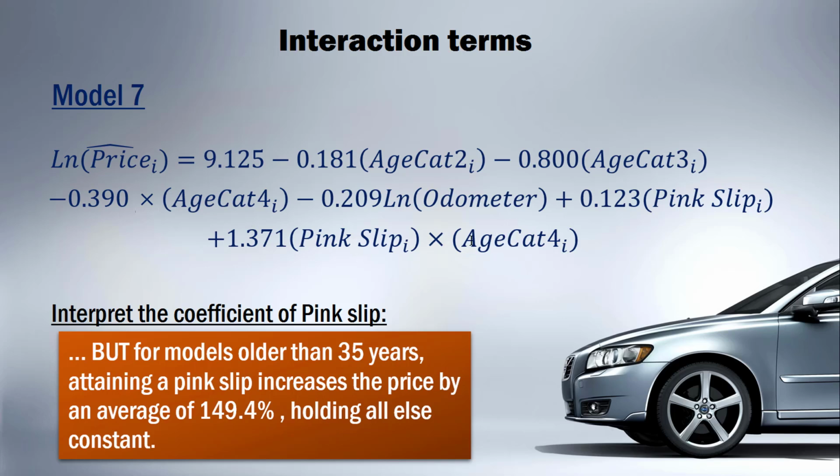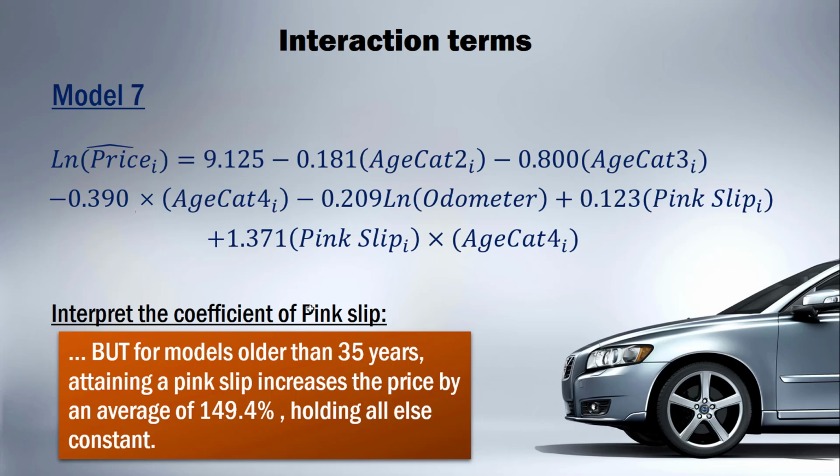Because you're multiplying it by 1, so this becomes plus 1.371 times pink slip. Notice we also have the original 0.123 times pink slip. So in this case, the effect of having a pink slip would be the sum of both of these put together. So it's 0.123 plus 1.371, which would be 1.494.